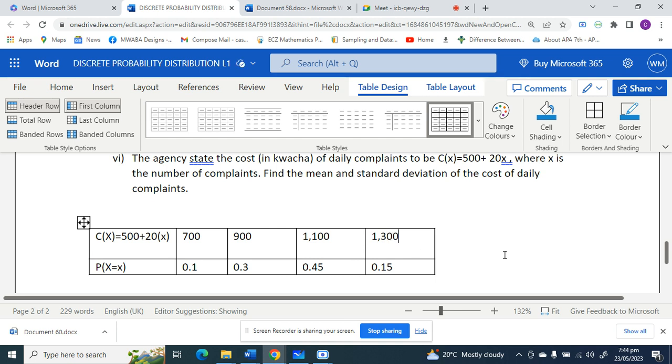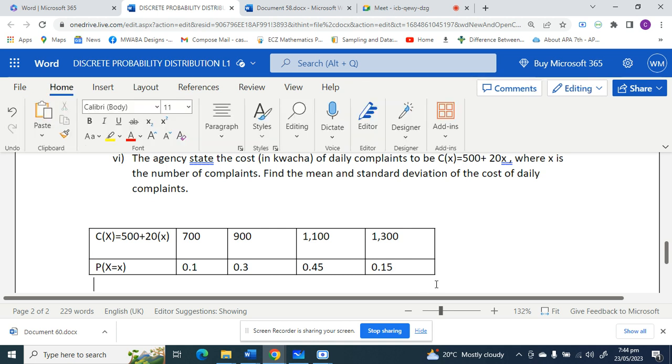Now you're supposed to find the expected value, the variance, and the standard deviation. So let's tabulate that, colleagues. Let's see if we've grasped the concept. So let's find the expected value first, then this is the variance, then the standard deviation.